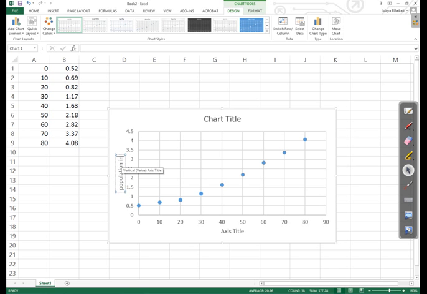Year since 1921. And the chart title would be BC population in million since 1921.